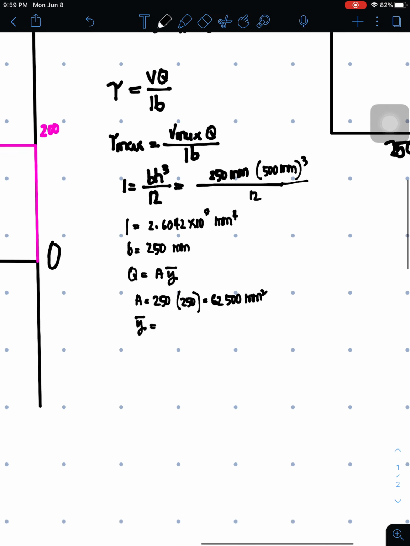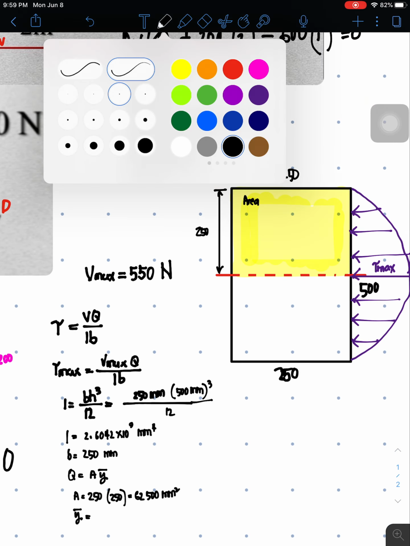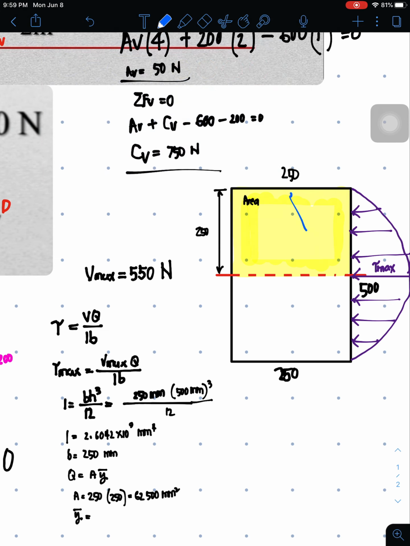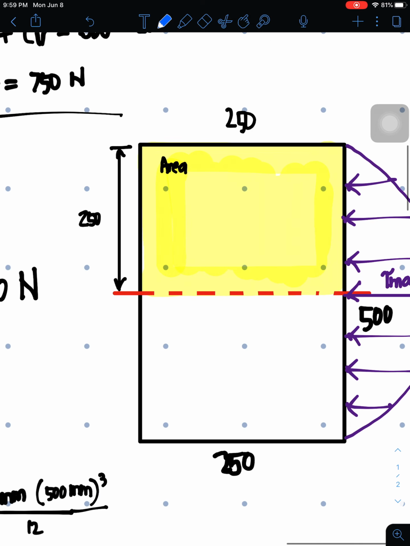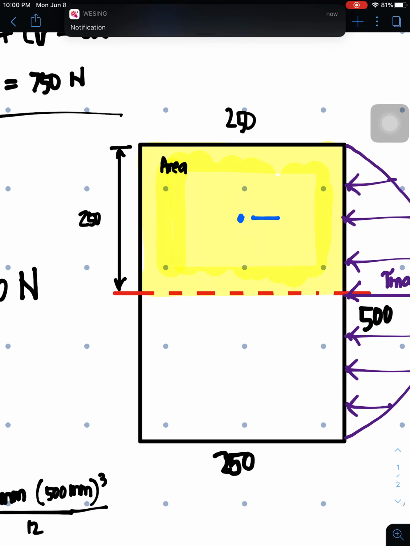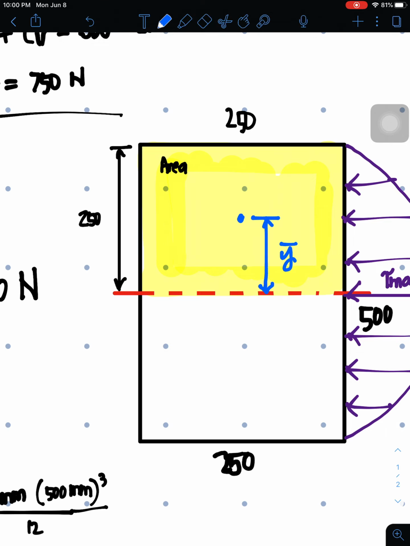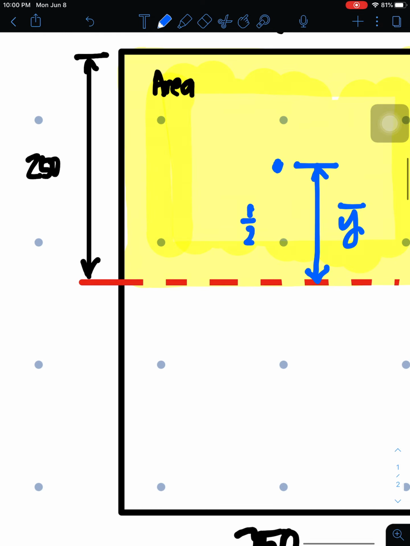And what is the barred Y? Meaning the location of the centroid of the area. Okay, so where is the location of the centroid of the area that we are using? So since this is a square or a rectangle or a quadrilateral, polygon, so we have the centroid here. This is found at 1/2 of 250. So by the way, this is barred Y, and barred Y is 1/2 of 250.